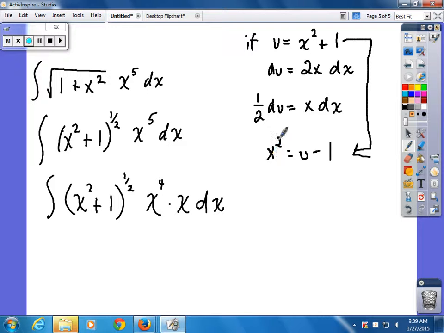X to the 4th, x squared. How can I make this equal to x squared? Raise both sides to the what? So what does this equal? X to the 4th is equal to what? U minus 1 raised to the what? Second power. That might help out. If you're using substitution, that might help out tremendously.